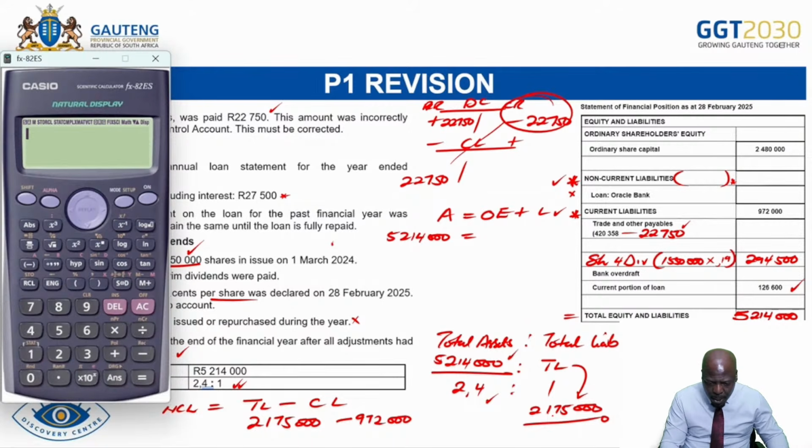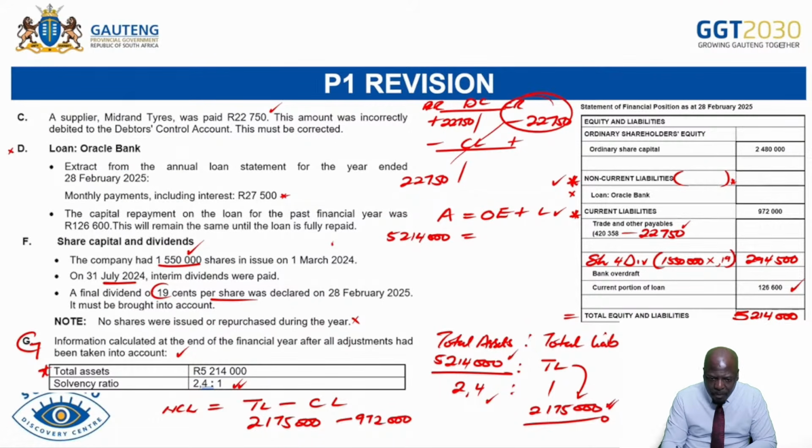Yes, we come with 2,175,000. So we're going to say 2,175,000 minus the 972,000, and that's how we're going to have our non-current liabilities.